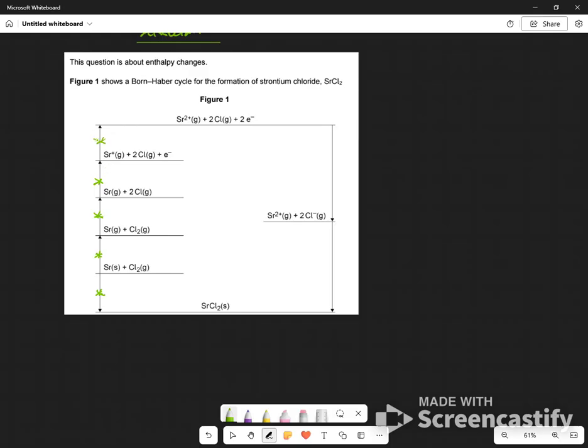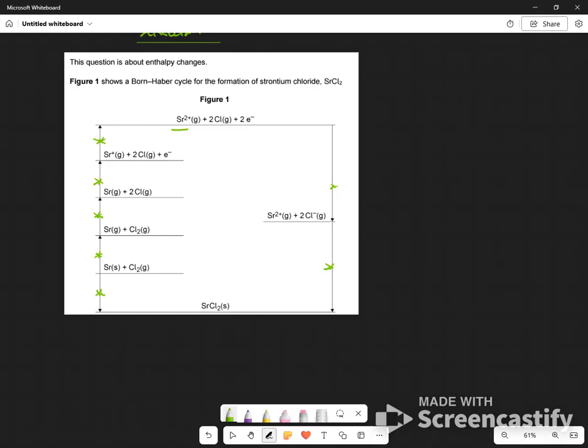This one is the second ionization energy of strontium to give us Sr2+. And this is the electron affinity of chlorine, and this is the lattice energy. Does that make sense in principle? We're not going to manage to do all of it in a quick half-hour lesson, but do you get that? Well done. It's not hard, this. It's easy to get marks on this.